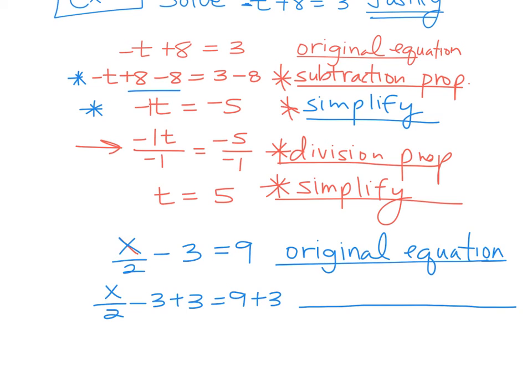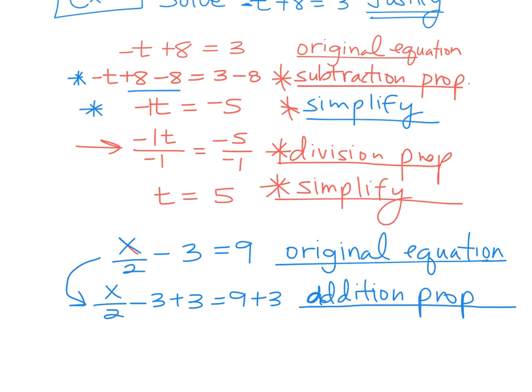So to get from this first line to this second line, what did I do? I added. So that is the addition property. Okay, you would say addition property. Because I added to both sides.